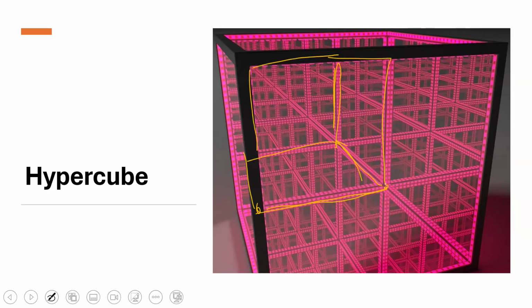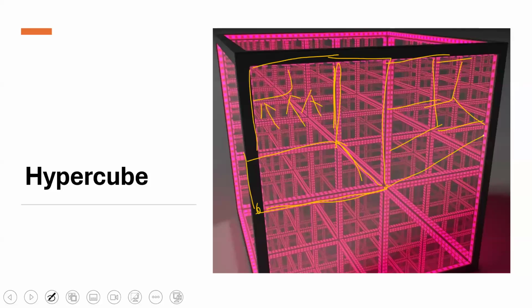And now we are moving this cube towards this direction. Look at this, there are many cubes here. This is forming a cube. Look at this, this is a cube, right? So joining the vertices of both the cubes will form the hypercube in higher dimensions.